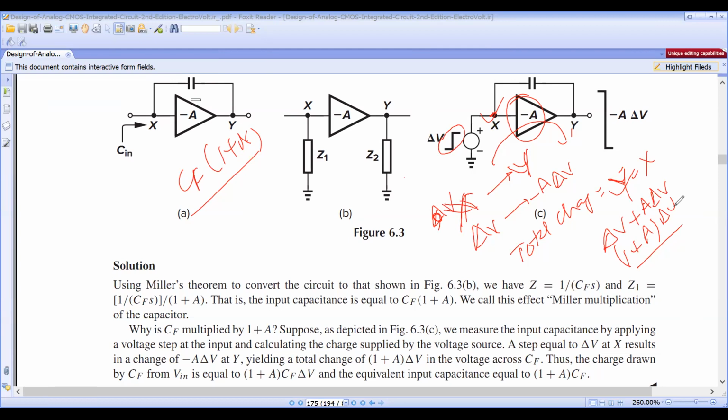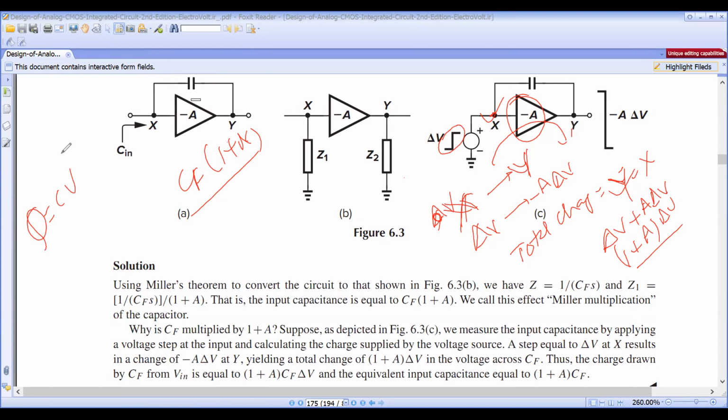the charge drawn by the capacitor from Vin is equal to how much? Charge Q is equal to CV formula. What is the C?